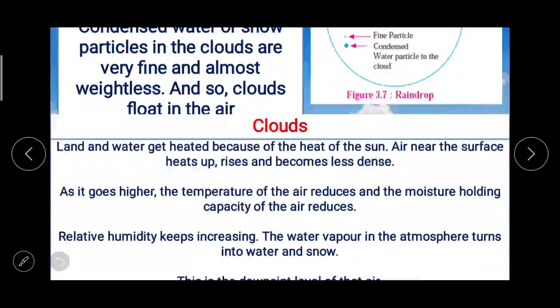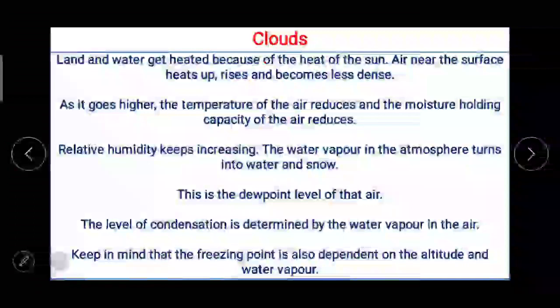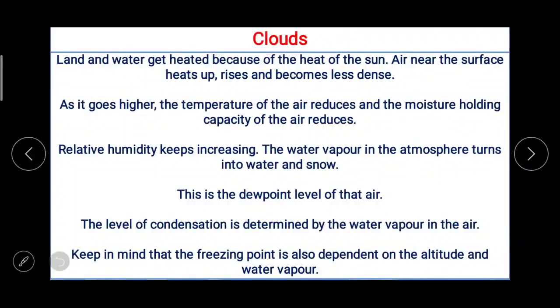Now the next thing, land and water get heated because of the heat of the sun. Air near the surface heats up, rises and becomes less dense.